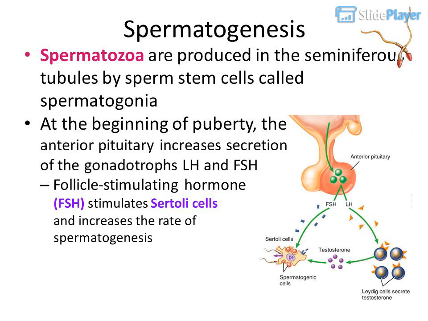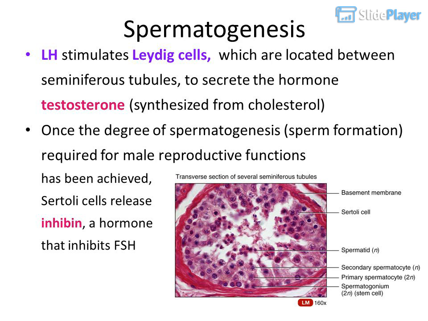LH in males. LH acts on the interstitial cells, also known as Leydig cells, of the testes, stimulating them to synthesize and secrete the male sex hormone, testosterone. LH in males is also known as interstitial cell stimulating hormone, ICSH.